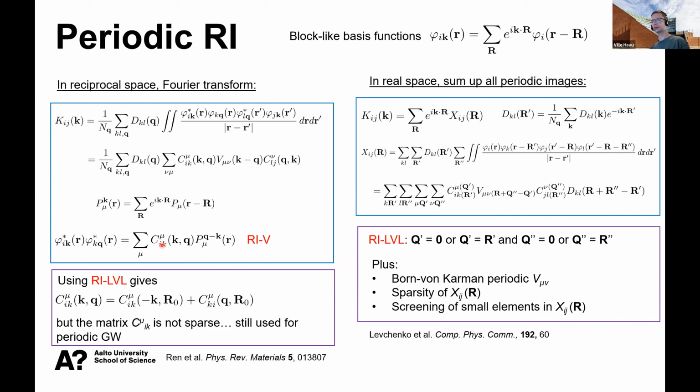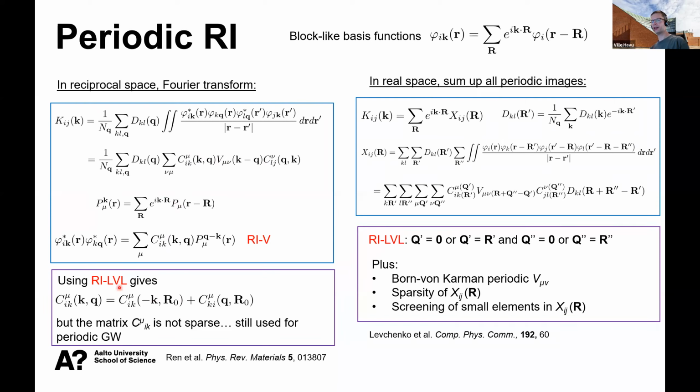You put it in there, then you have expansion coefficients that depend on K and Q, and when you plug in there, you get again a summation over the K and the Q vectors over the first Brillouin zone, where you have the Coulomb matrix and also the C_ij. So formally looking the same. This gives you the reciprocal space RI-V method.